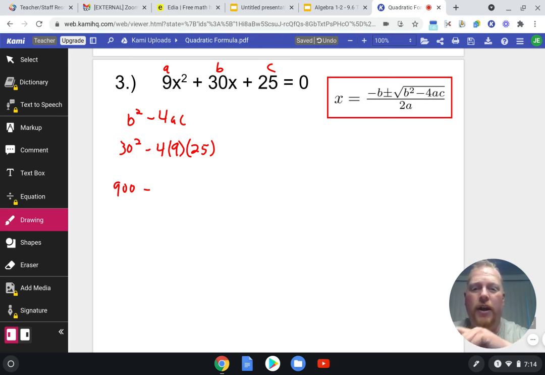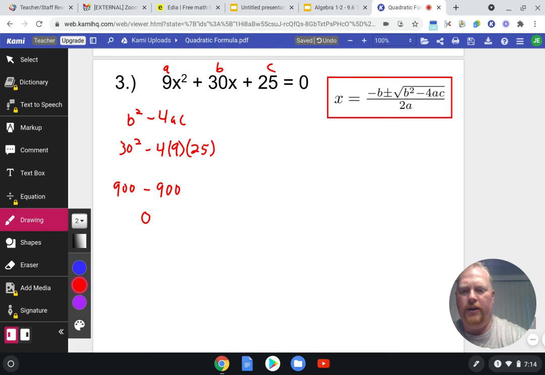And then negative 100 times 9 is negative 900. So I get 900 minus 900, which of course is 0. So what I know is that because my discriminant is 0, I'm going to have one solution to this problem. Okay? So because I have a solution, I need to go ahead and work it on out and finish it. So let me grab a different color.